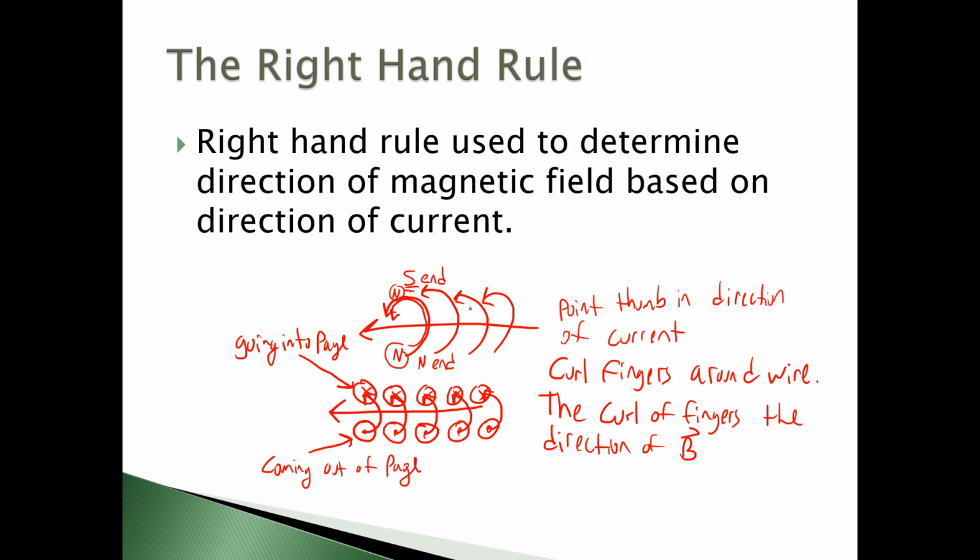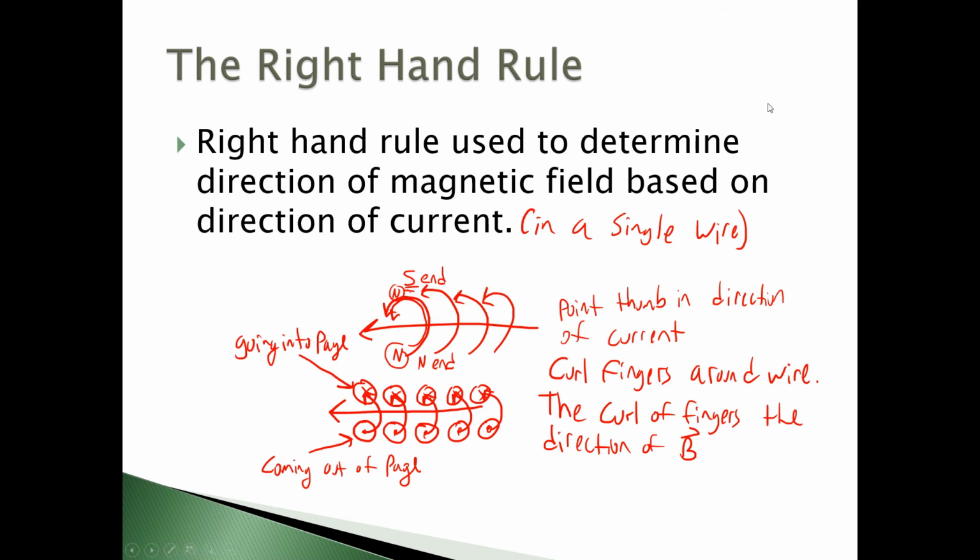But regardless, the right-hand rule will tell you what direction the magnetic field is going in, but not necessarily what the poles are, just a direction. So this is for determining the direction of the magnetic field based on the direction of current in a single wire. This version of the right-hand rule works great if you're using a single wire.